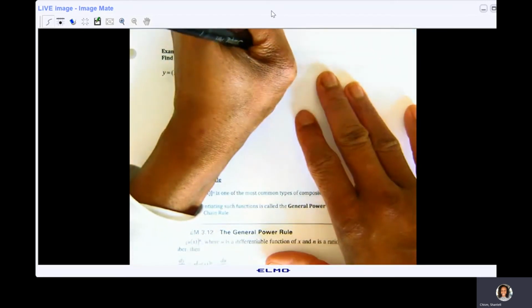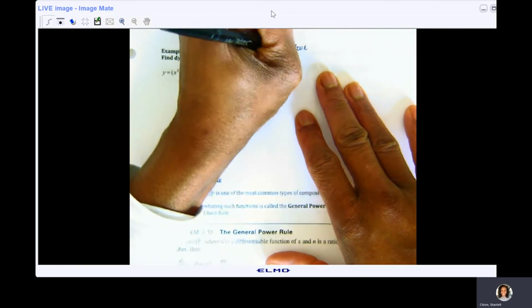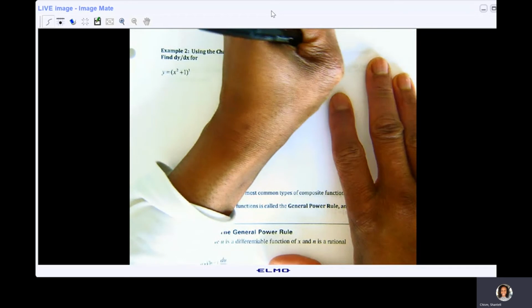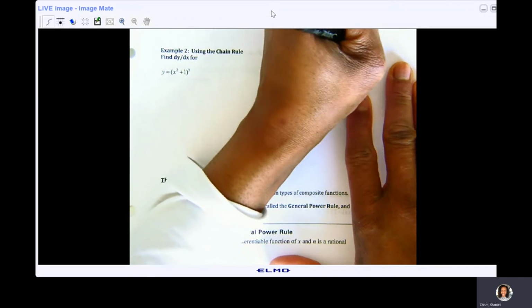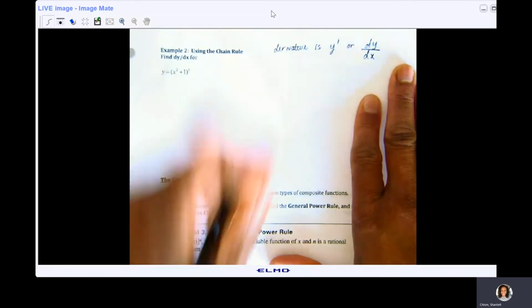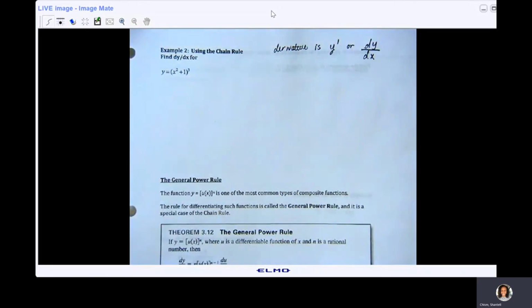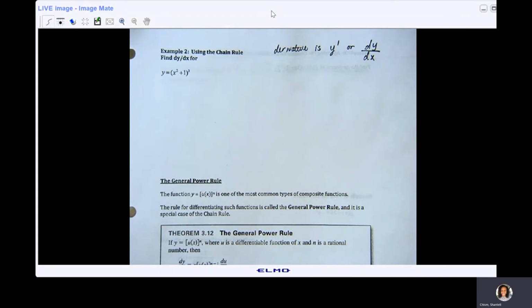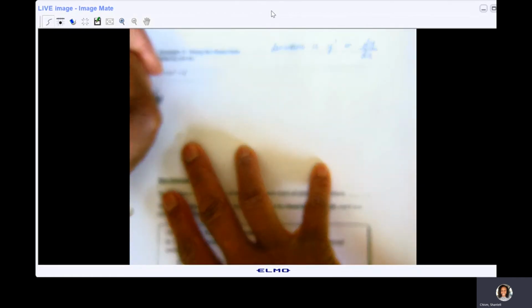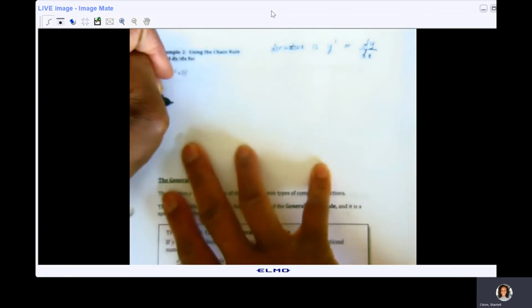So derivative can be y prime, or because it's a function of x, you can call it the derivative of y with respect to x. You might see either symbol, okay, when looking for a derivative of a function. Okay? So I'm looking for the derivative of y. So I'm going to write dy with respect to x.